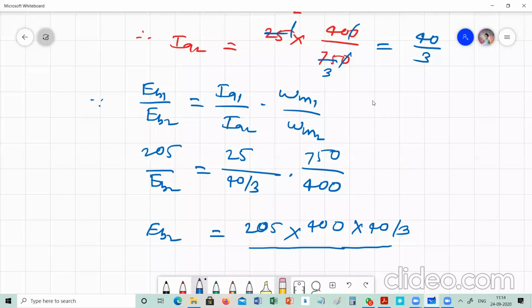So we have to solve this equation. EB2 will be equal to 205 into 400 into 40 by 3 divided by 25 into 750. If you do this division, the value will be equal to 58.29 volt. You can check on calculator.